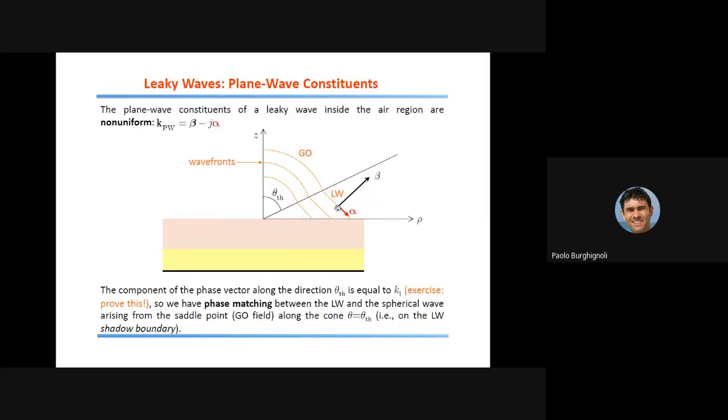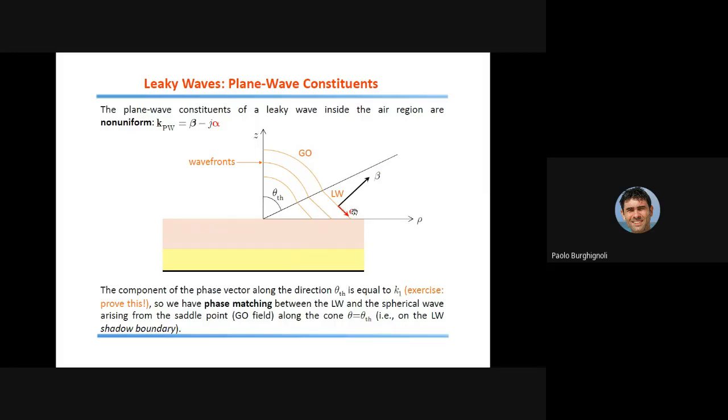Inside the region where the leaky wave exists, the leaky wave is represented by a plane wave. However, this plane wave is not uniform because, as you can see, there is a phase vector beta and an attenuation vector alpha. The phase vector forms an angle with respect to the vertical axis, which is somewhat smaller than the threshold value.